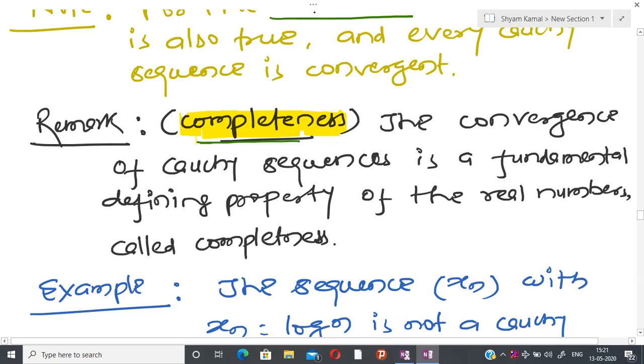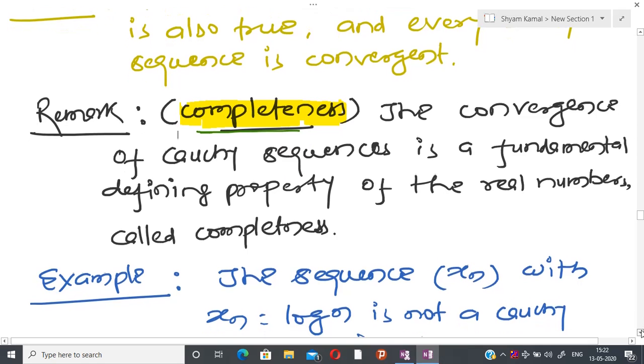Due to that reason, we say that the real number line is complete.